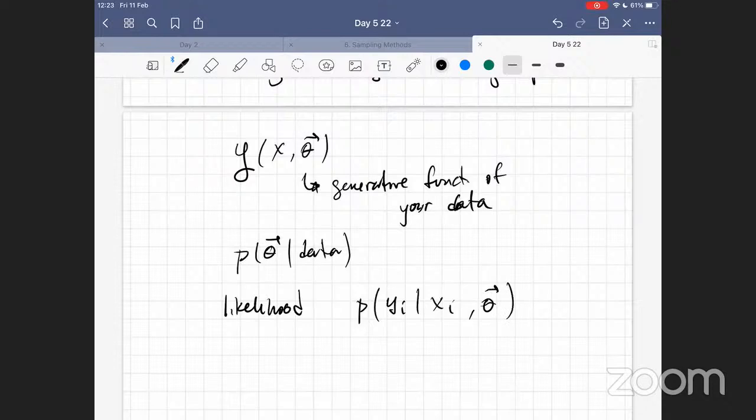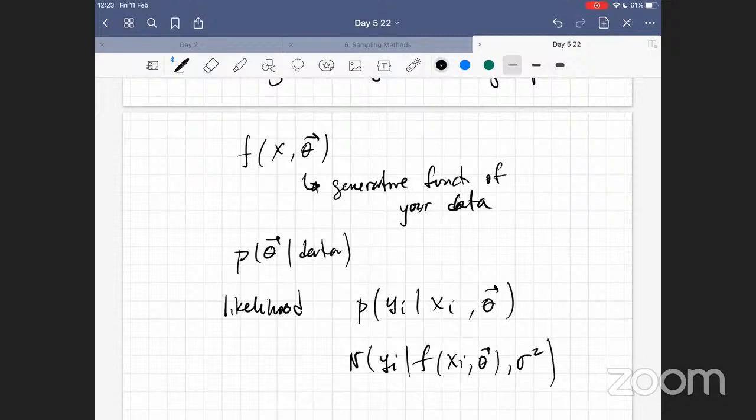So this is going to be, for example, a Gaussian, where this generative function here, let me just change notation, is giving you the mean, okay, with some standard deviation, whatever.